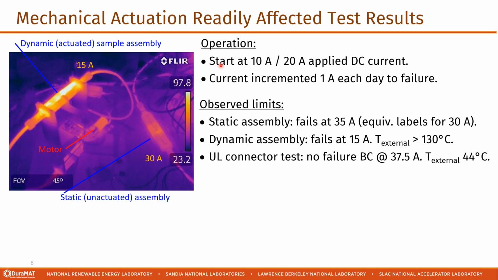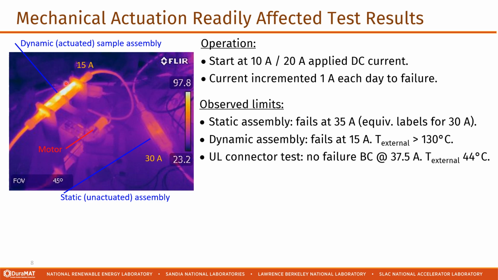How we ran the test was to start at like either 10 amps or 20 amps and turn up the DC current 1 amp each day until we got the failure. And so what we were seeing was that the static assemblies, where we were not perturbing them, failed at like 35 amps. And the components are equivalently labeled for 30 amps.